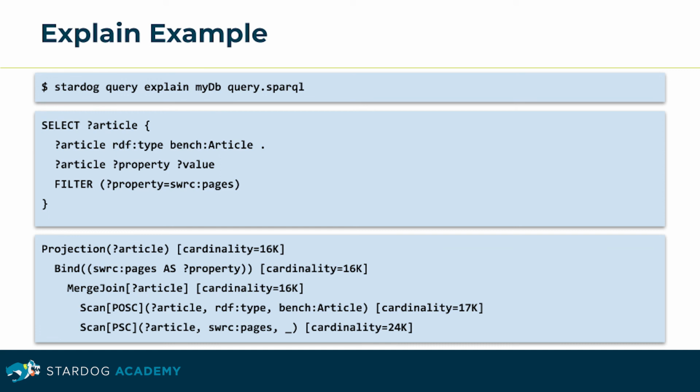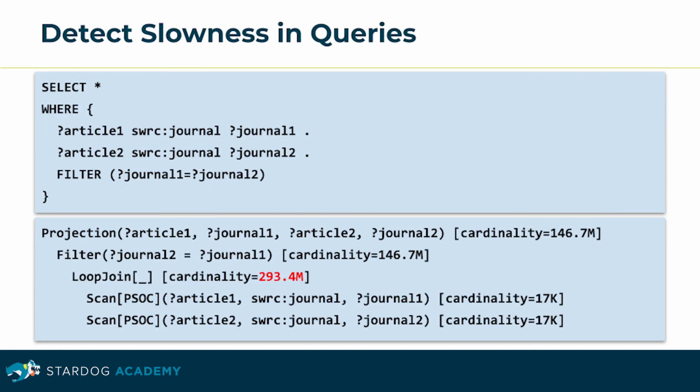Now, we can use the same explain command to detect slowness in the queries. So here we have one of those unrecommended anti-patterns where we are using filter equality to effectively perform a join across these two BGPs.